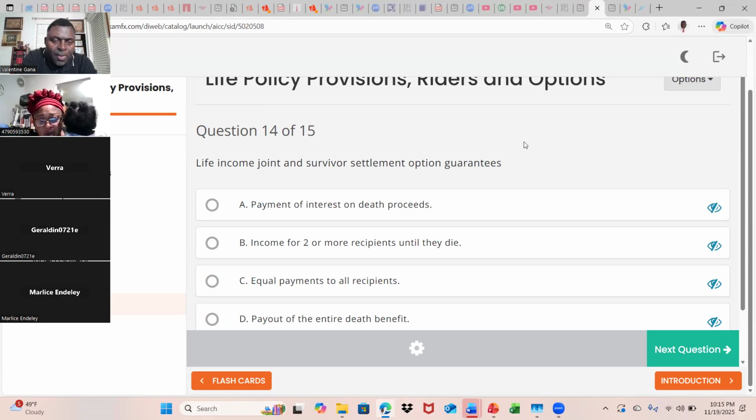Payment of death proceeds. I don't know this one. Joint survivor is two, income for two or more recipients.